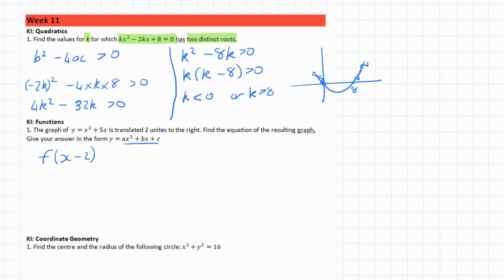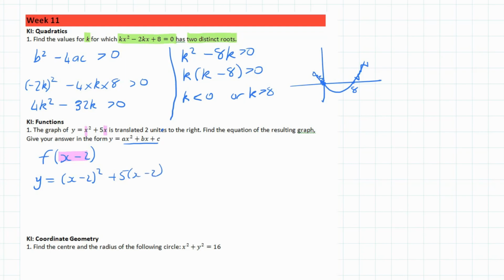So what we do is everywhere there is an x, we're going to insert an x minus 2. So there and there. So what we'll get is y equals (x minus 2) all squared plus 5 times (x minus 2).